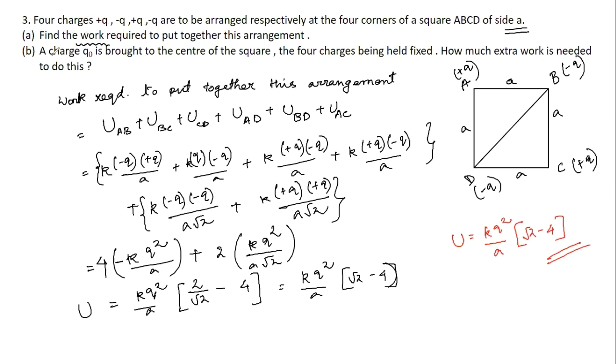Okay, so this is the first part of the question. Now in the second part, what is asked is that a charge Q naught is brought to the center of the square, the 4 charges being held fixed. How much extra work is required to do this? That means here, this is the second diagonal, and they intersect at this particular point.